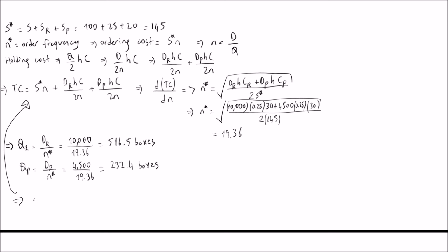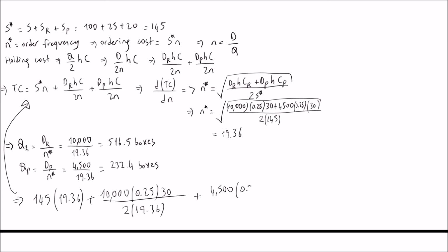So S star is 145, N is 19.36, plus DR is 10,000, 0.25 times 30 divided by 2 times 19.36, plus 4,500, 0.25 times 30 divided by 2 times 19.36, and this value is equal to $5,615.7.